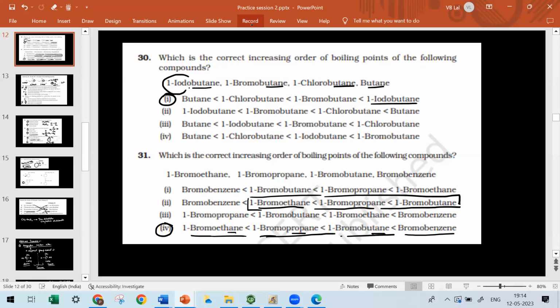Iodine is the largest in size; if you remember, among halogens, iodine is at the bottom. So it has the largest size, and so its boiling point is highest. And if the halogen is the same and the base alkane is changing, then you look at the number of carbon atoms. The larger the number of carbon atoms, the greater the boiling point.